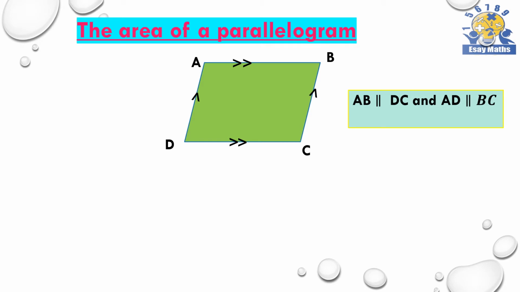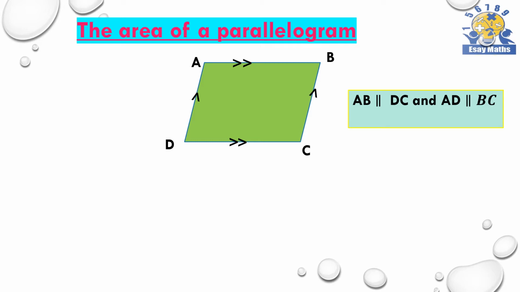Here you can see the parallelogram ABCD. And you can see here I have put two arrowheads to the side AB and DC. So, what is meant by that? AB is parallel to the side DC.